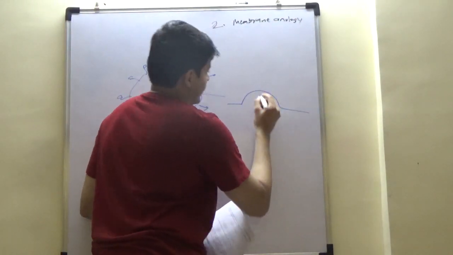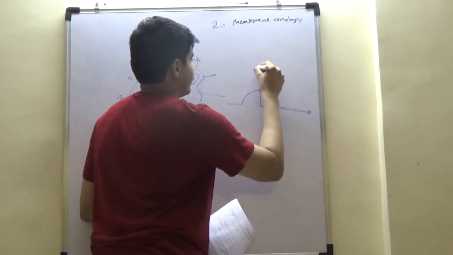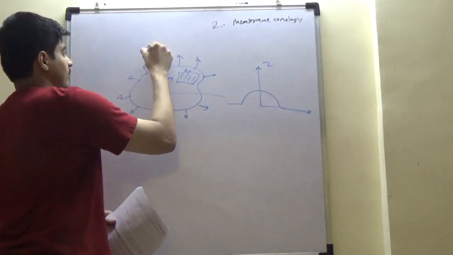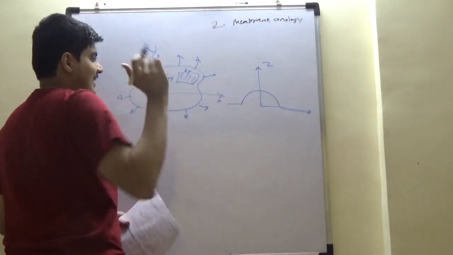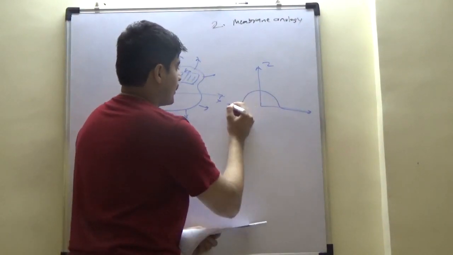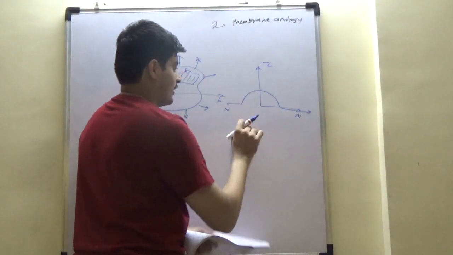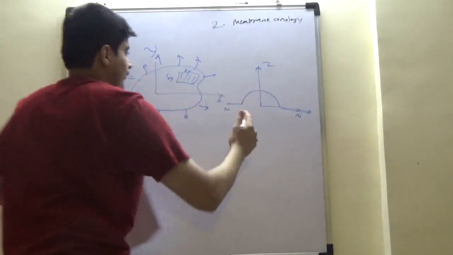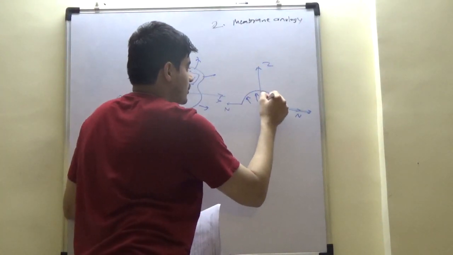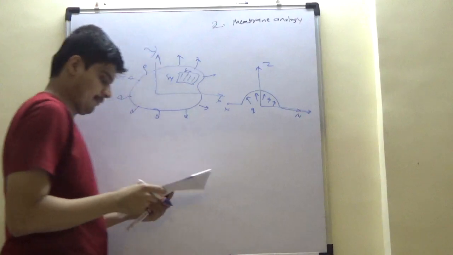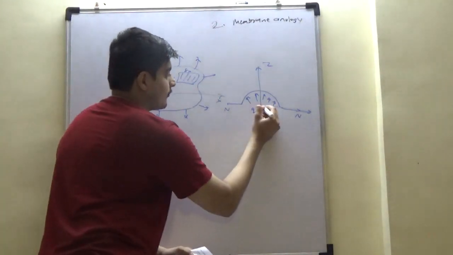And in this xy axis, and the z axis here, the membrane looks something like this. These are the normal reactions, and then these are the loads, Q, per unit load.